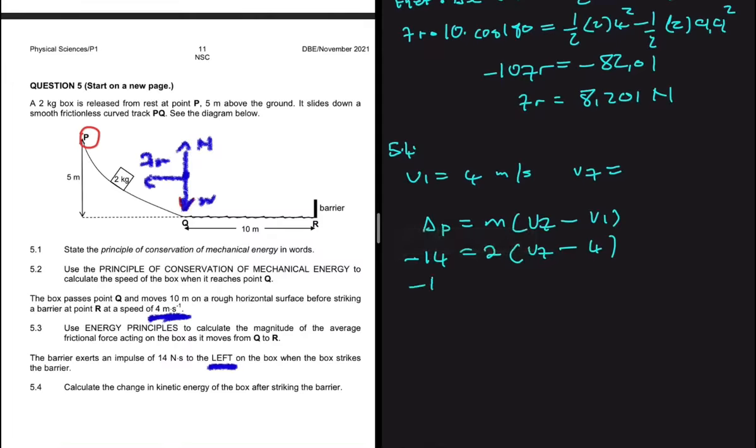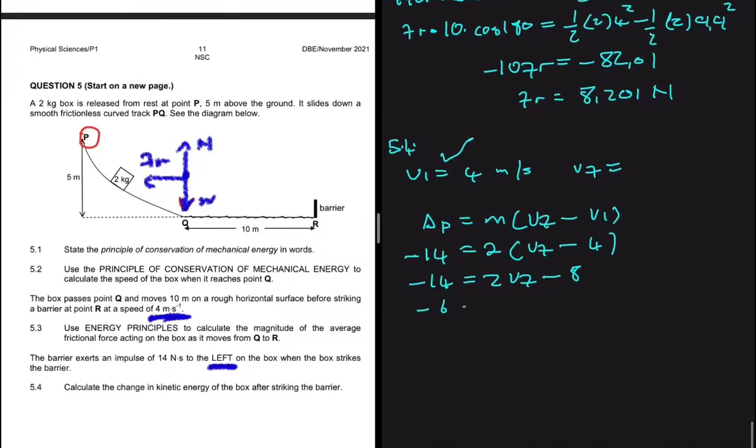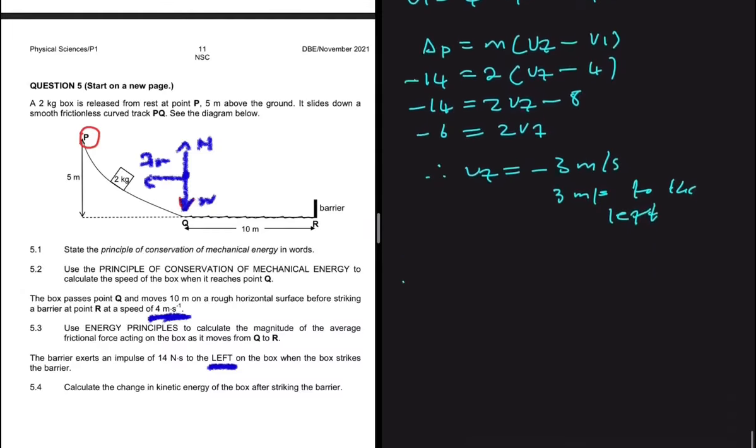So we're going to have minus 14 being equals to 2 VF minus 8. Minus 14 plus 8 will be minus 6, being equals to 2 VF. It is easy to see now that VF is equals to minus 3 meters per second. So that is 3 meters per second to the left, right? So let's go ahead and find the change in kinetic energy.